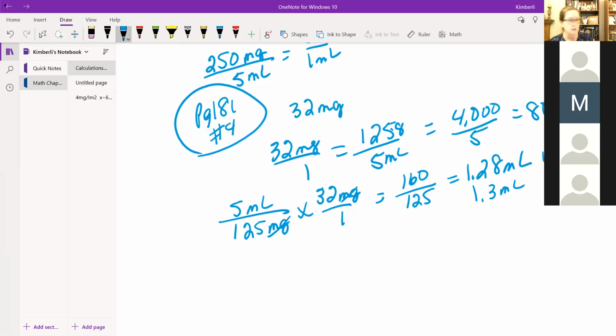Now on a 3 milliliter syringe, which is this size, okay, so there's 1.2 milliliters, and there's 1.3 milliliters.